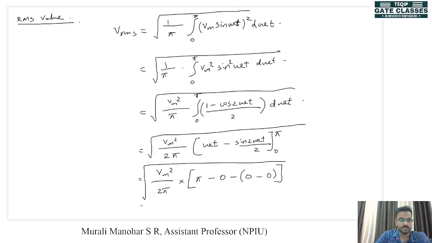This becomes root of Vm square divided by 2 pi into pi, and that is given by Vm by root 2. So this is the RMS value.